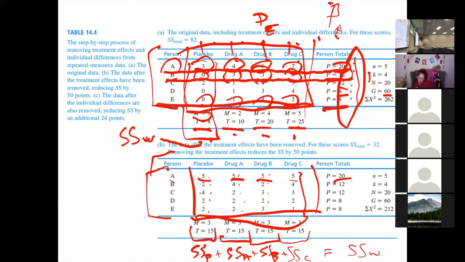For participant B, I add up every one of these values, I get 12, and so on. And I'm dividing by the number of treatments, which in this case is 4. Does that make sense? Yeah, thank you. What other questions?